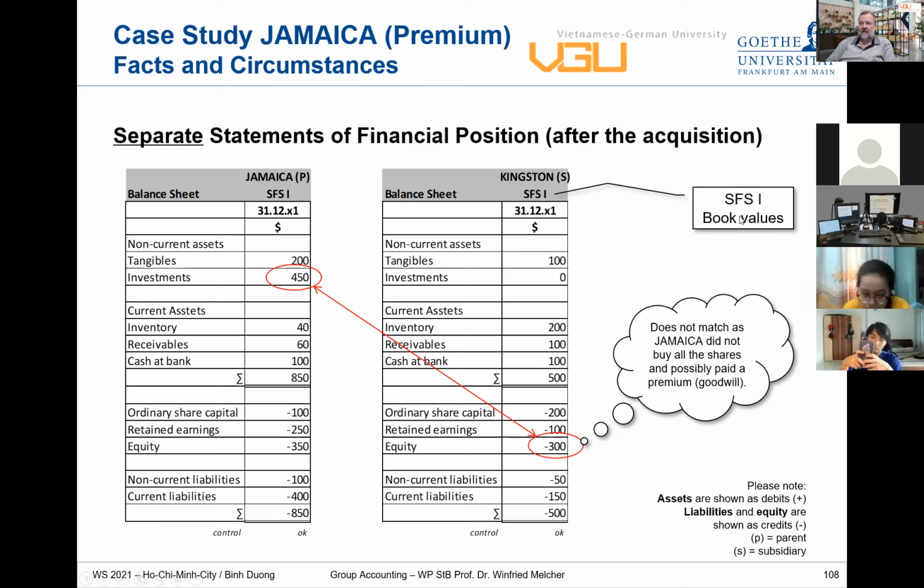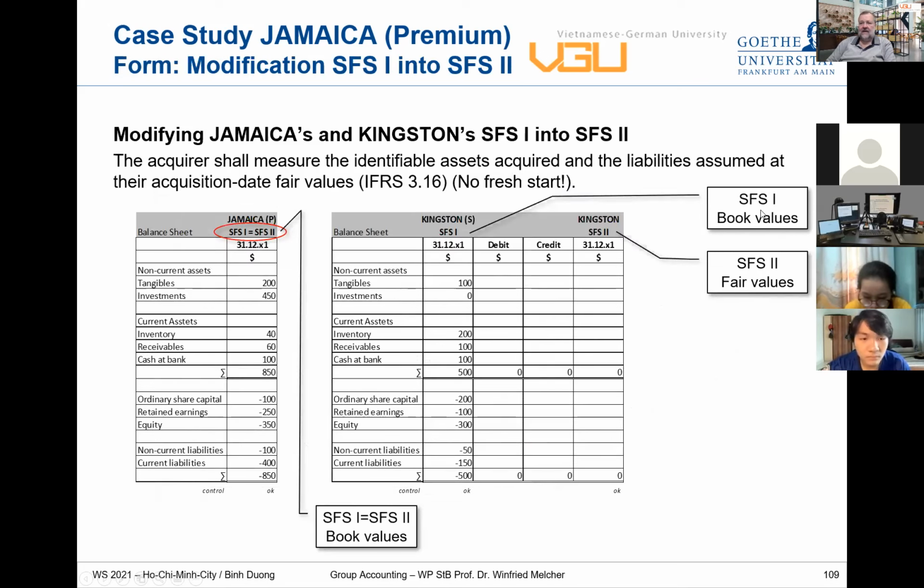We call them single financial statements number 1. And then we have to prepare the single financial statements number 2 out of these two single financial statements number 1. The first thing we would do is take the book values of the parent, but in this case, the book values are already according to the accounting manual of the group.